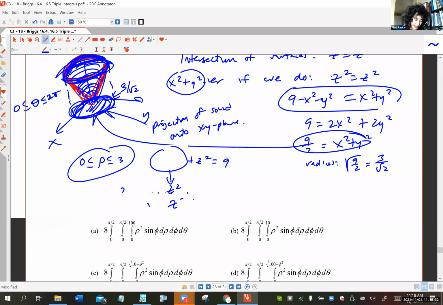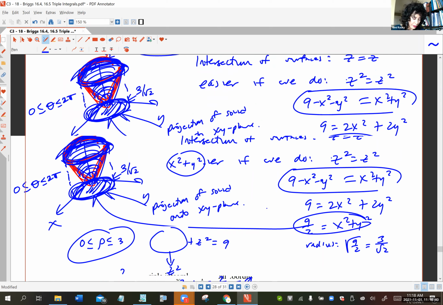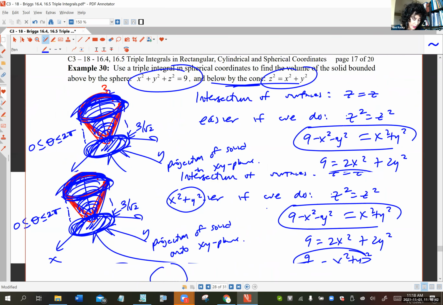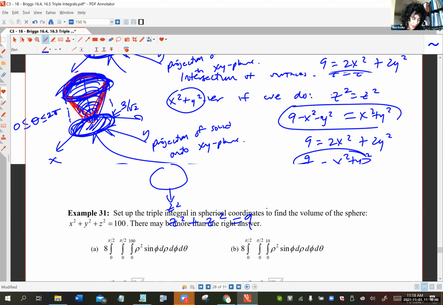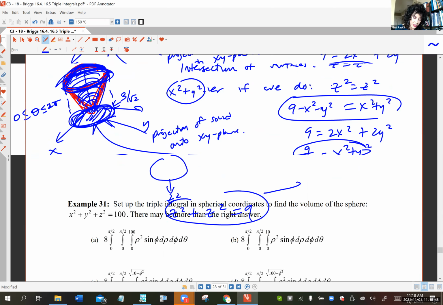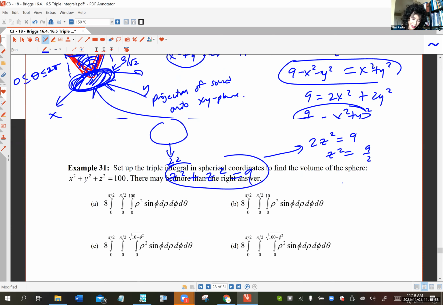So really what we have is z squared plus z squared equals 9, which tells us 2z squared equals 9, which tells us z squared is equal to 9 halves. Then if you take the square root of both sides, you get z is equal to plus or minus 3 over square root of 2.